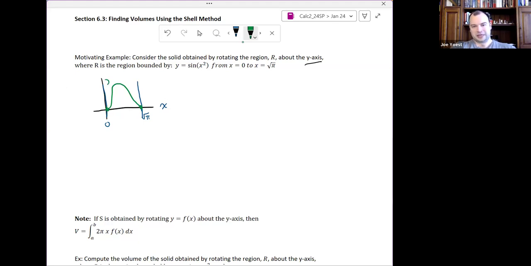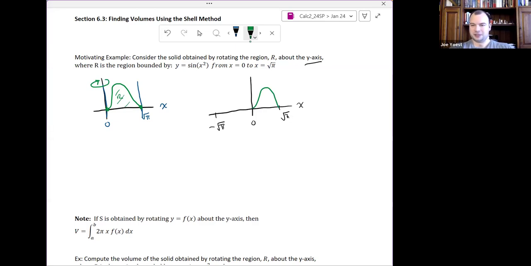And then we're rotating this about the y-axis. So this is my region R that I'm rotating about the y-axis. What does my solid look like? So I have something like this over here. Let me redraw that a little nicer.